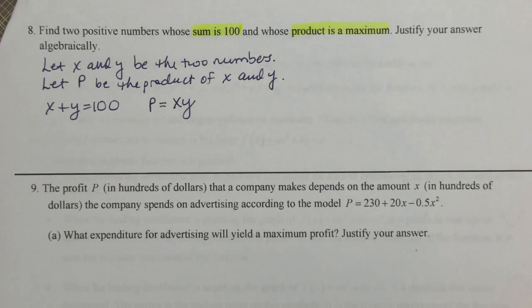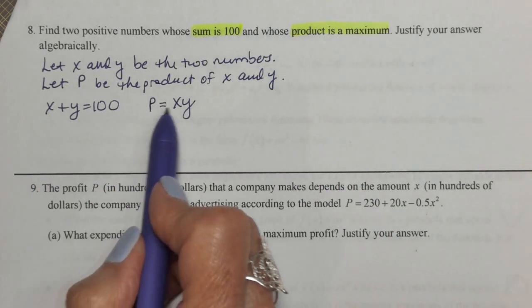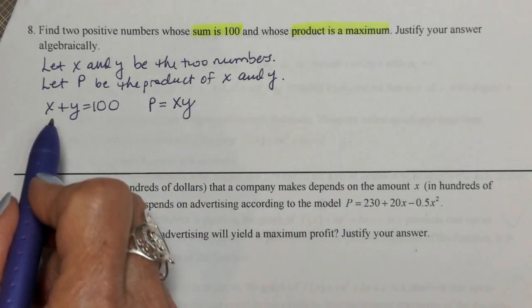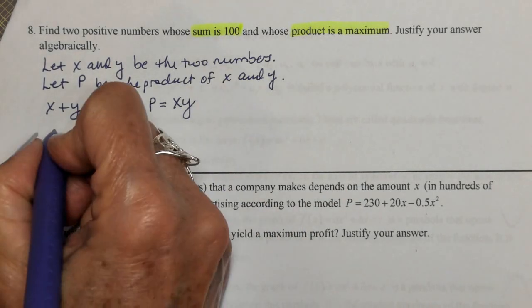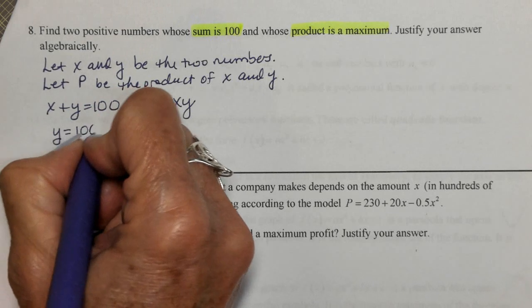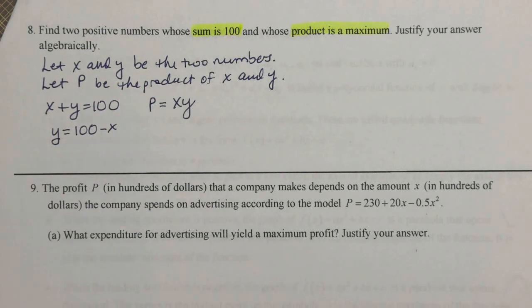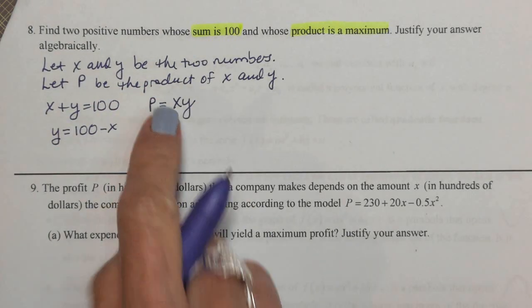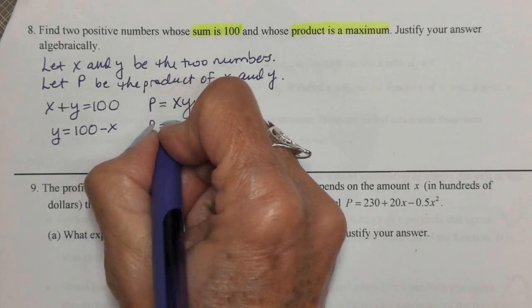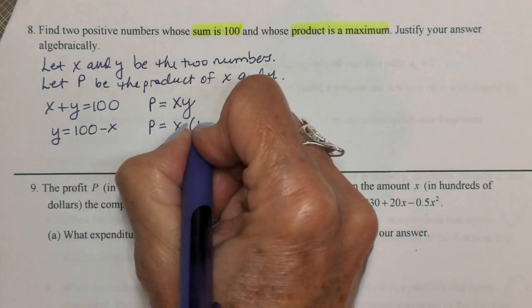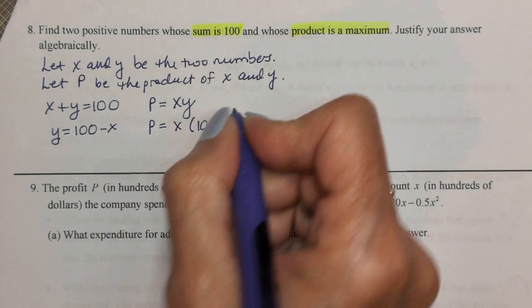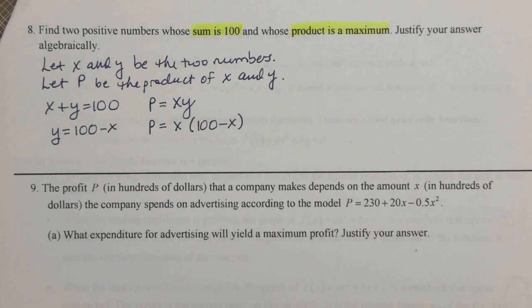Well, I would like to get P to be just a single variable, so I'm going to solve this for y, so that I get x's in my product function. So P will be x times (100 minus x), because y is 100 minus x.